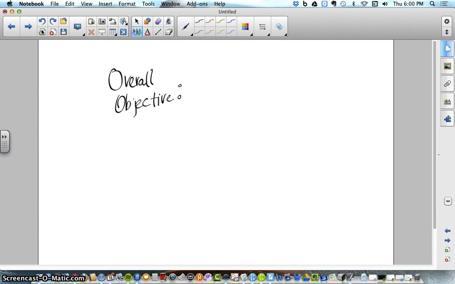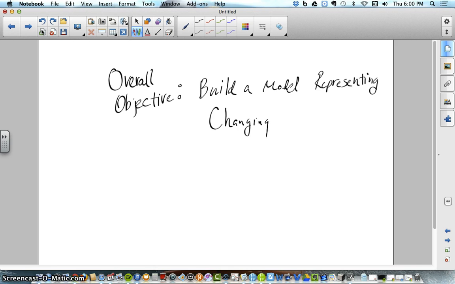We need to build a model representing, instead of saying increasing speed, I'm going to say changing velocity motion, just because it's more general, okay? Not just increasing speed.